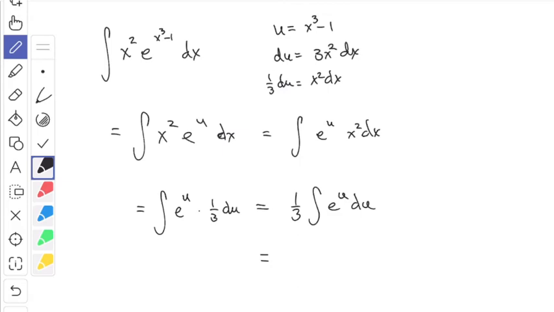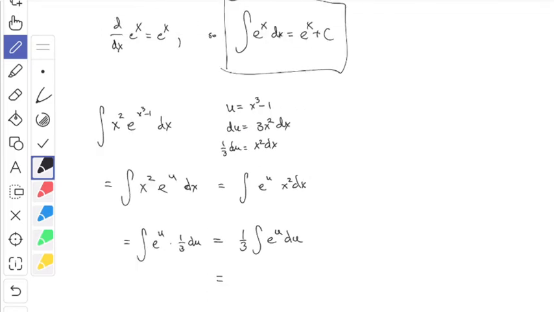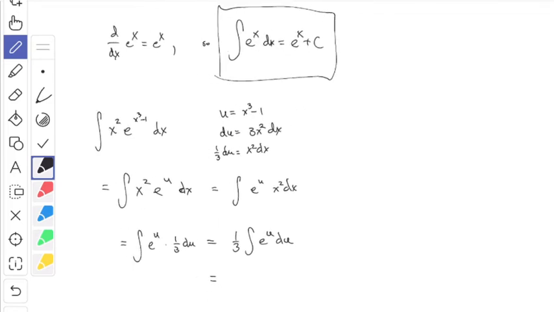It sounds like you're saying something like the derivative, but yes, we're doing the antiderivative here, perhaps using this formula in the box up there. It's going to be 1/3 again, but then e to the u plus c. The integral of e to the u is e to the u, right?